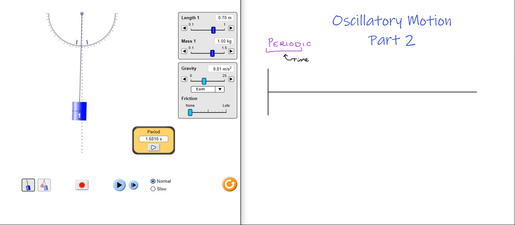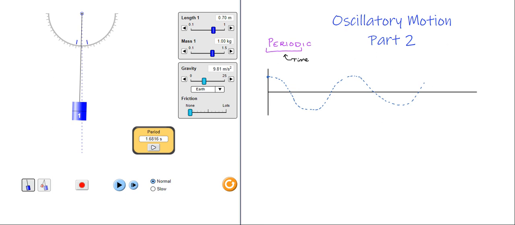So if we were to graph this on this first and fourth quadrant graph that I have here, we see that the object starts at an equilibrium position, that was the 10-degree mark, and it oscillates through equilibrium, reaches the other maximum amplitude, and this motion occurs again and again.